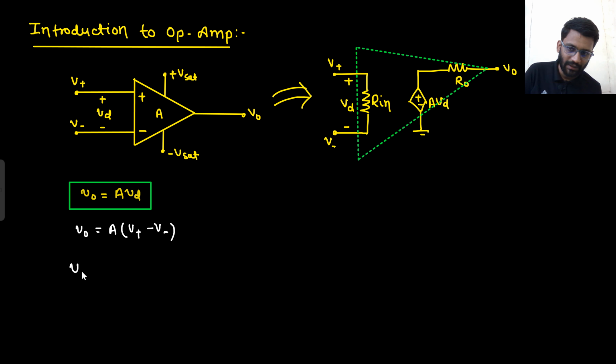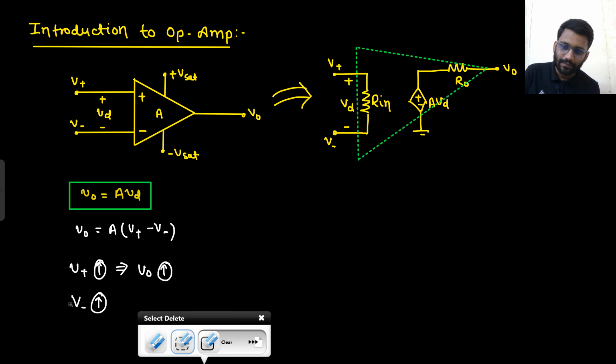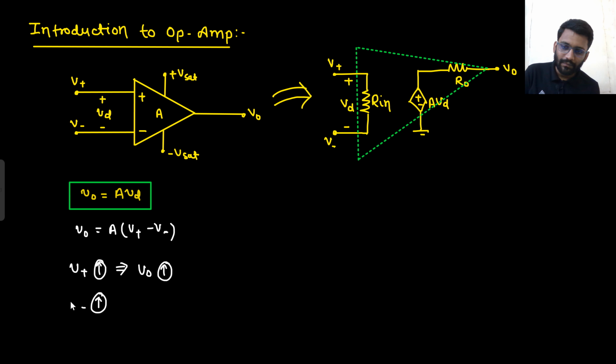There is a very simple thing: if V positive increases, then your V out will increase, and if your V negative increases, then your V out will decrease. This is the internal structure of an OpAmp.